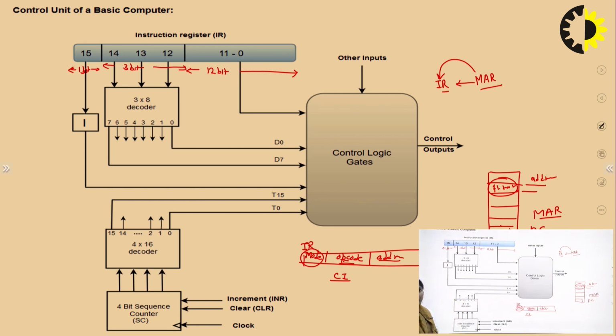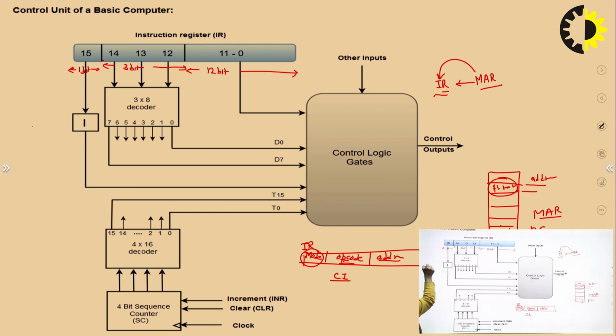You can see that bits 0 to 11 mean the 12-bit address, which comes from the memory address register to the instruction register. Next, this is the opcode, bits 12, 13, 14, and there is a 1-bit mode. This 1-bit suggests the mode.